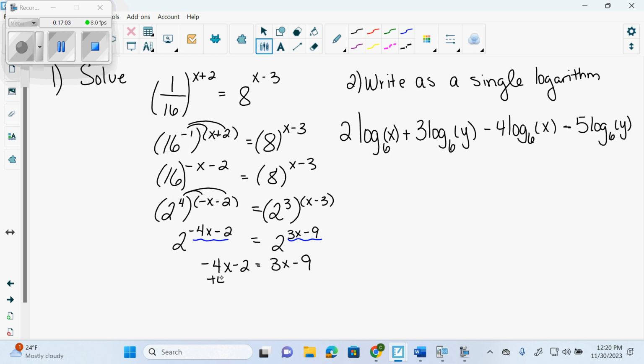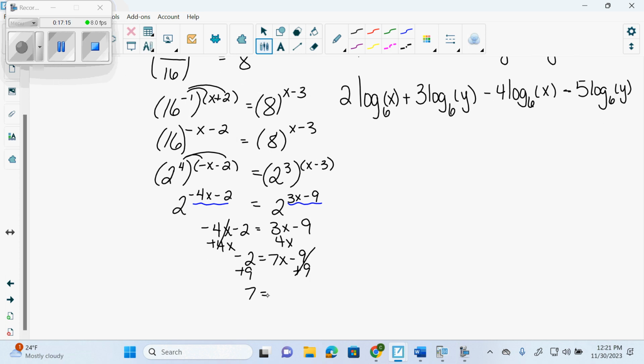Then add my 4x over. Negative 2 equals 7x minus 9, plus 9. 7 equals 7x. X equals 1. Yep, what I do. Isn't it supposed to be negative 4x minus 8?